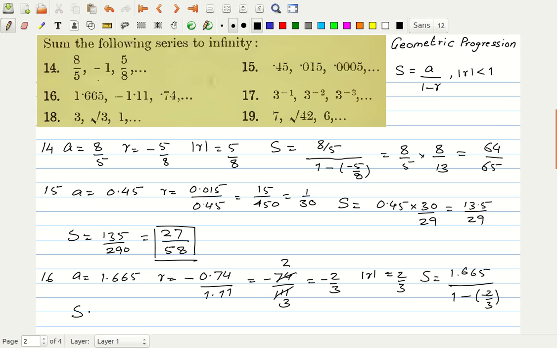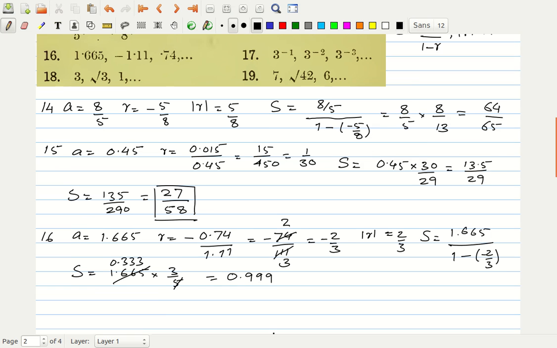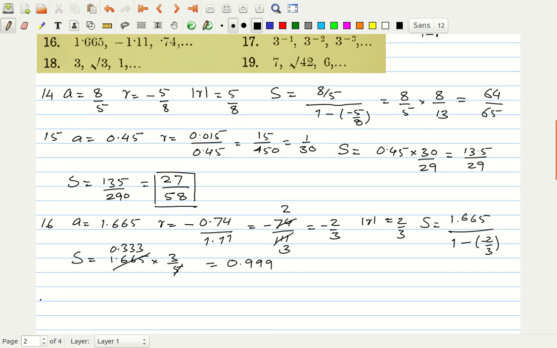So S is going to be 1.665 times 3, and this is 3 plus 2 is 5. Now we can cancel this. So 5 times 3 is 15, 3 is 15. So this is 0.999. Okay. Now let us quickly look at problem number 17.